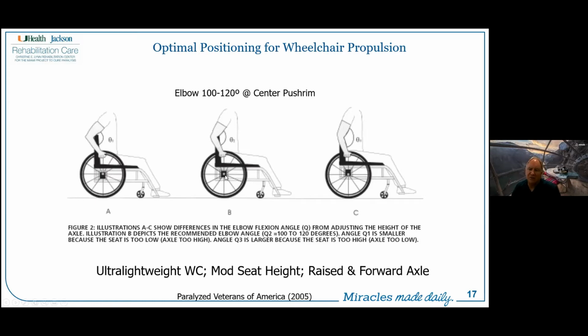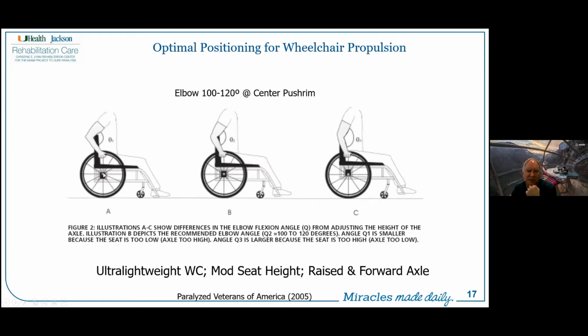If you have somebody who doesn't have much truncal stability, you may have to go backwards a little bit more with the axle, but then that puts your shoulder in particular and elbow at higher risk for overuse injuries. So you're really looking for an angle here between 100 and 120 degrees at the center push rim.